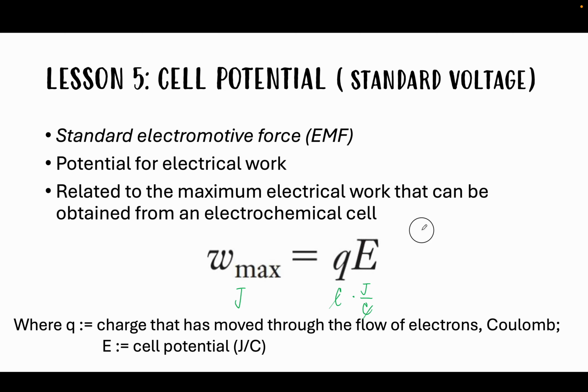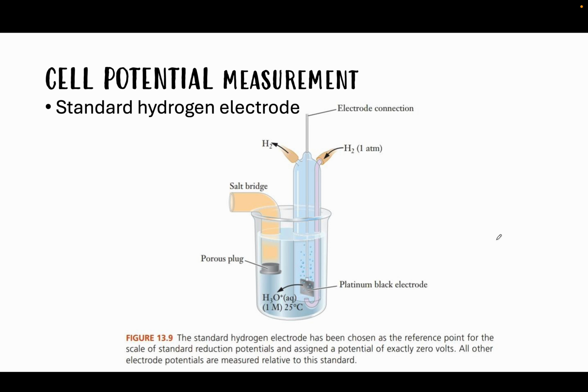So in other words, cell potential is equal to maximum work divided by charge. In terms of the apparatus, we have what you call the standard hydrogen electrode, and it is through this apparatus that the reference point is chosen.